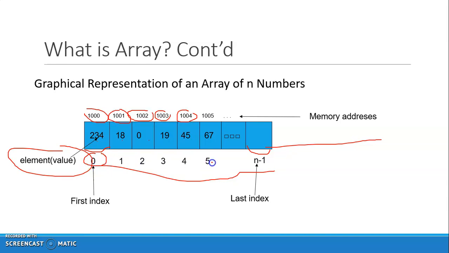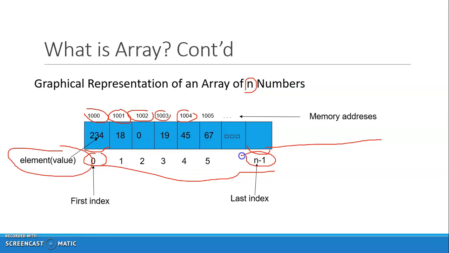So if we have an array of 10 numbers, it means the indices will start from 0 to 9. So if we have an array of n numbers, then the indices will start from 0 to n minus 1 as our last index.